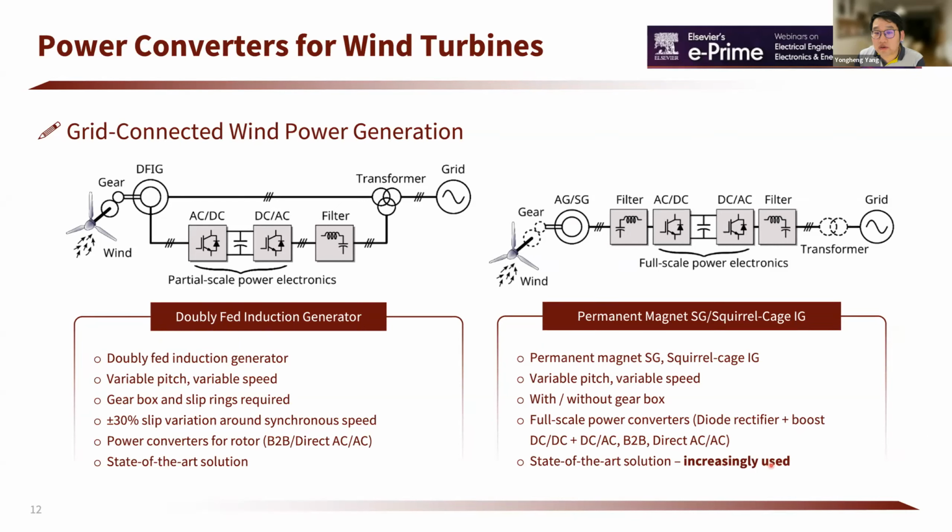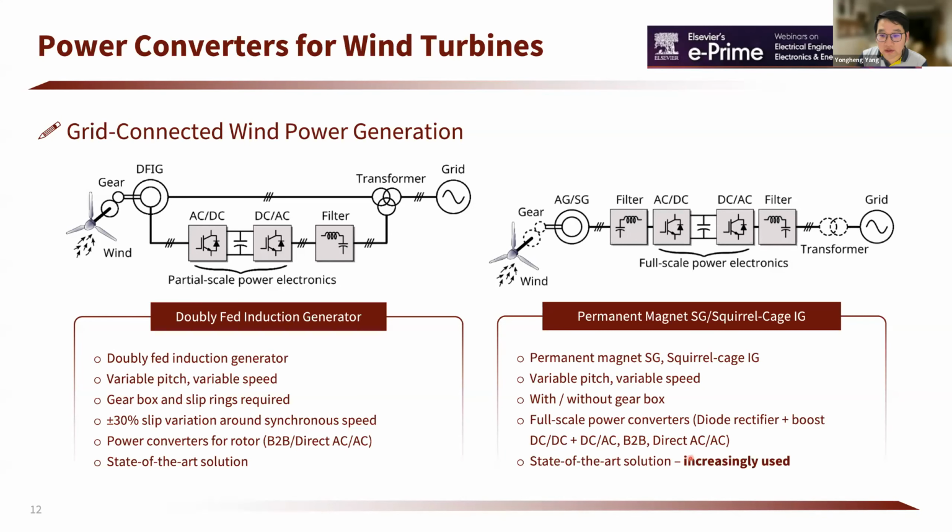It is also increasingly used in wind generation systems because of its capability to fully process and control the wind energy from the turbine. This concept can use a gearbox or remove the gearbox, depending on the application.